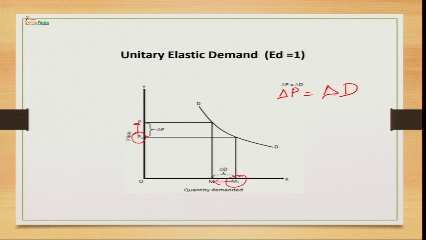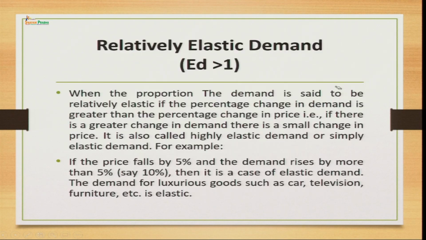Say suppose if the price decreases by 5%, then demand also increases by 5%. So, the percentage change here is the same, and the shape which we are getting here for the curve is known as a rectangular hyperbola. Okay. So, this is the shape which we call for the unitary elastic demand, that is rectangular hyperbola.